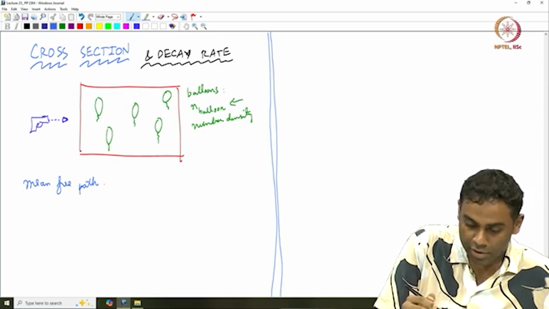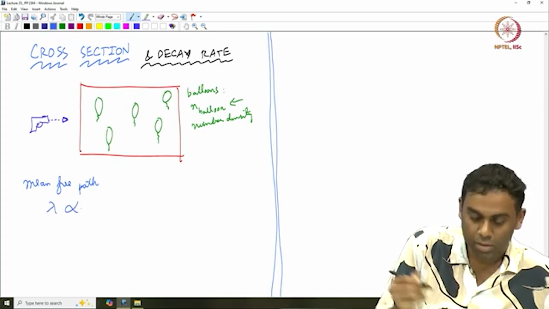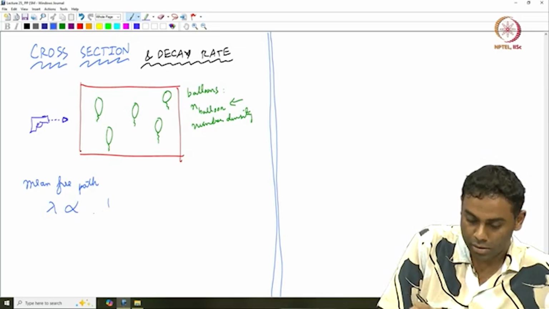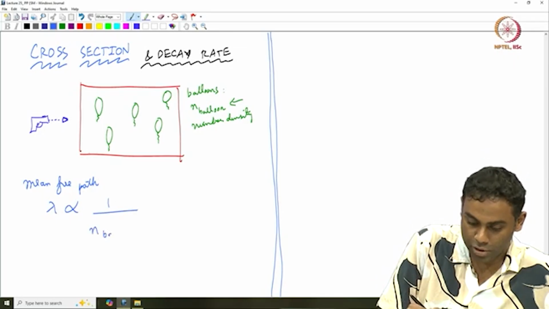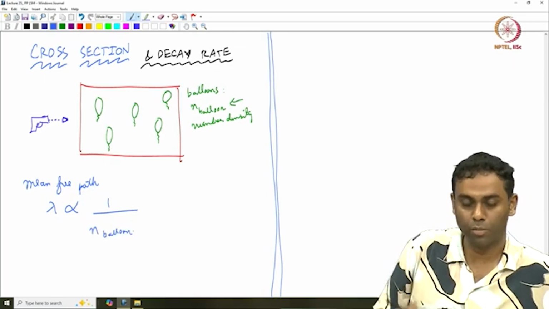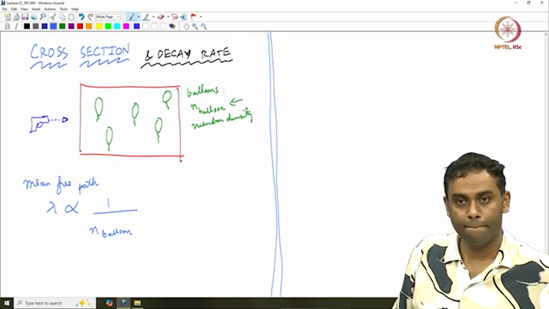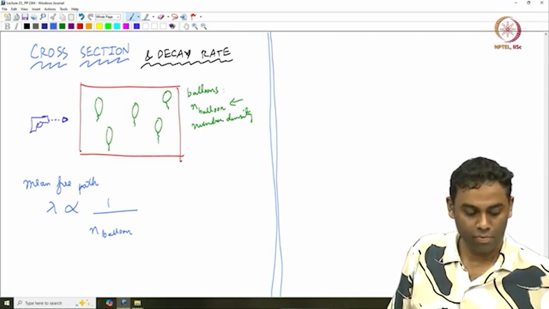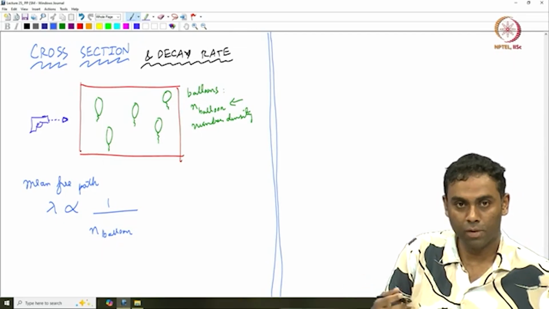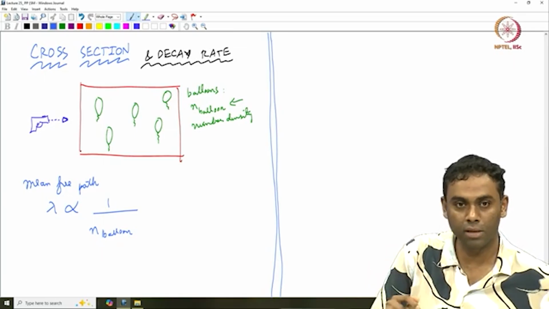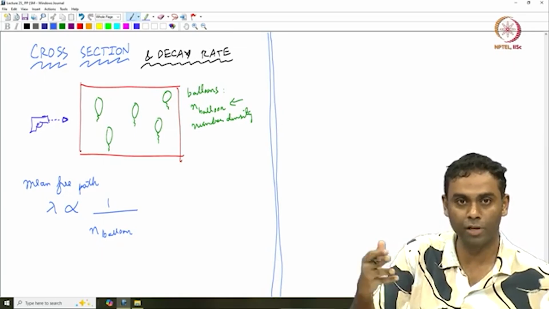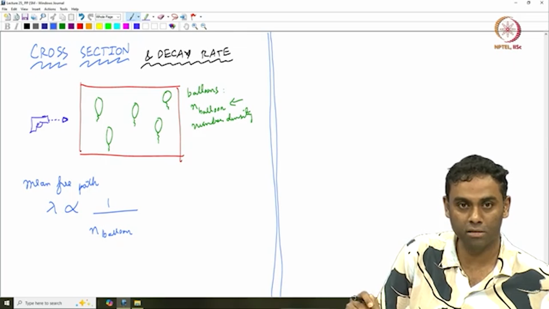You would agree that the mean free path should be inversely proportional to the number density of the balloons. Correct? Right? So the more I squish the balloons, the smaller the mean free path is going to be. The more frequent are going to be the hits.